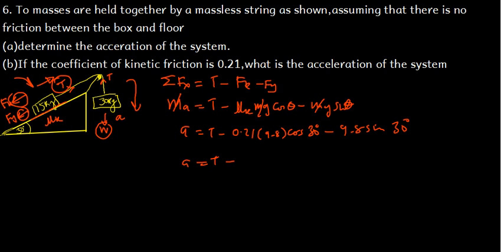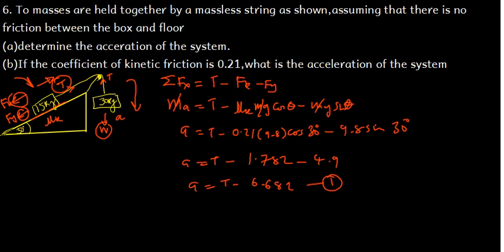What I'm finding here is 1.782, then minus 9.8 sine 30, which gives me 4.9. So acceleration is equal to tension minus 1.782 minus 4.9, which gives a value of 6.682. So this will be the first equation.